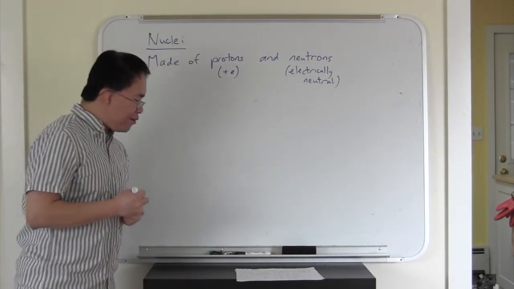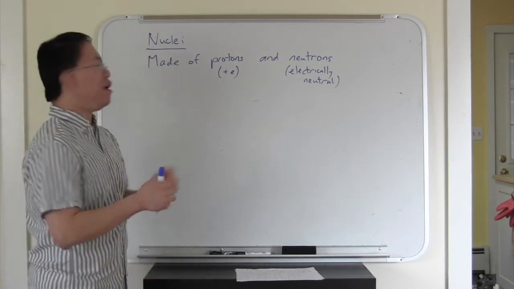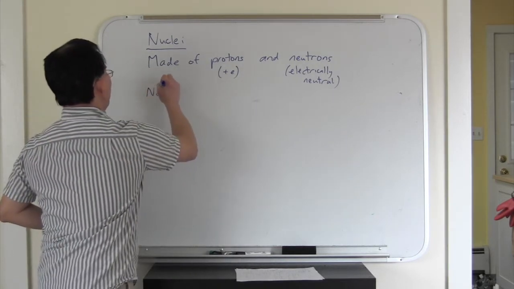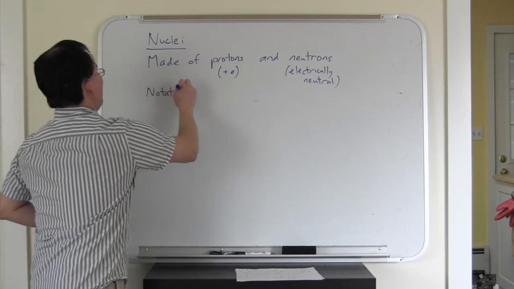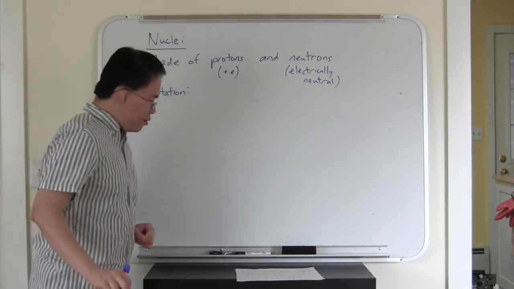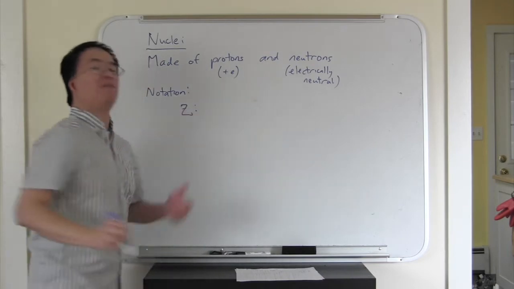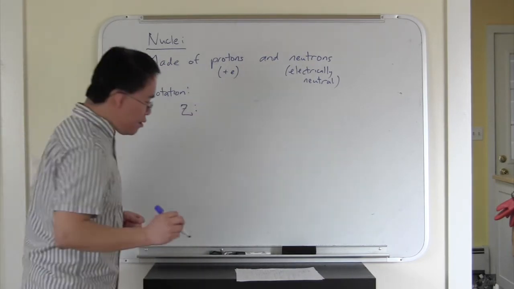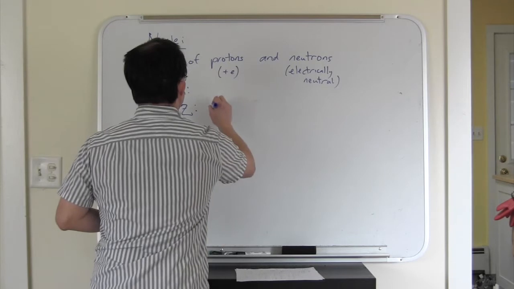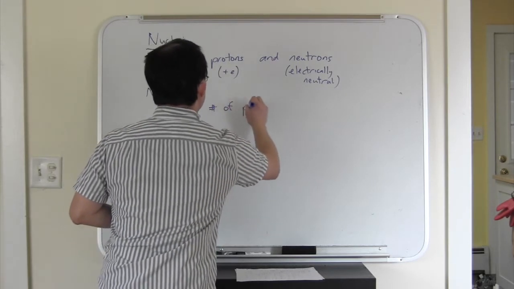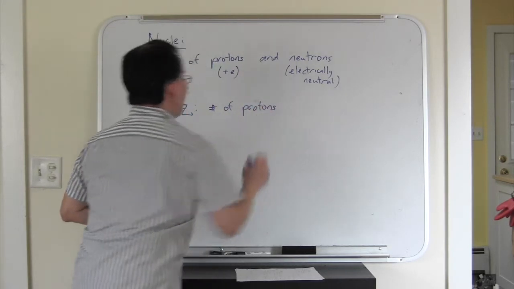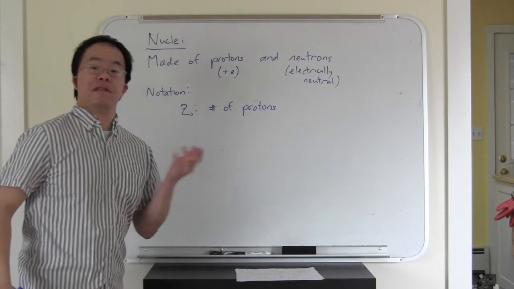A few words of terminology and notation. We often use the symbol Z for the number of protons in a nucleus, and this is something called the atomic number.